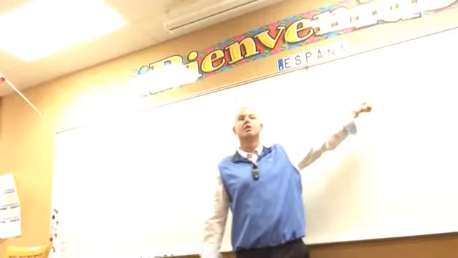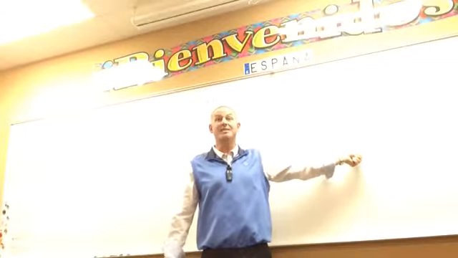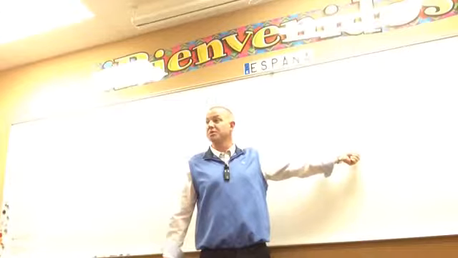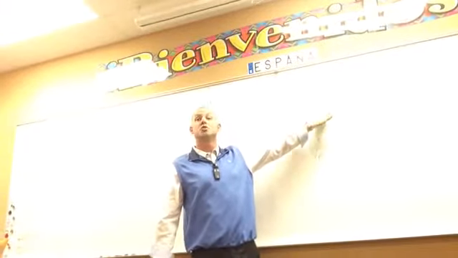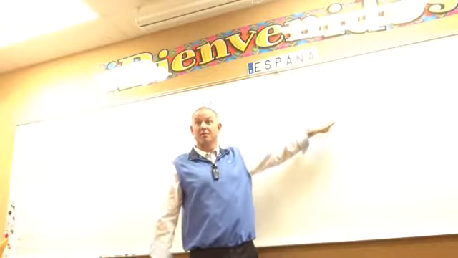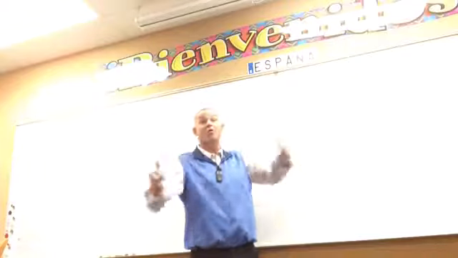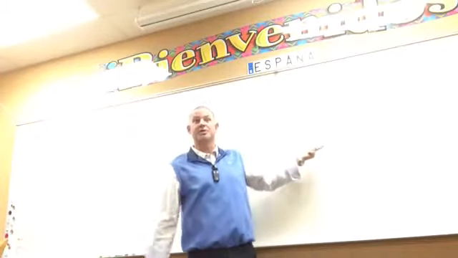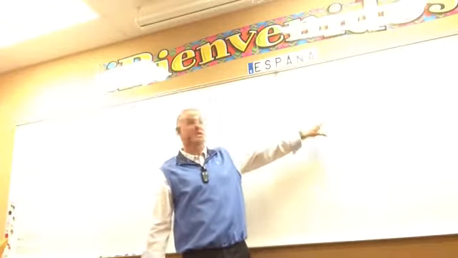Le gusta. Nos gusta. Okay? Vos gusta and les gusta. Because if you remember, me gusta doesn't mean I like. It means it is pleasing to me. It is pleasing to you. So you've been doing this the whole time without even knowing you've been doing it. So that's how easy it is. Does that part make sense? So that's the 6-pack that you use.